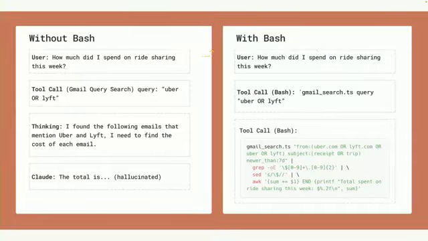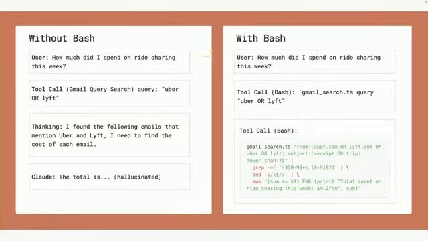Without Bash, it searches Uber or Lyft, gets like 100 emails, and now it just has to think about it. A good analogy is someone coming to you with a stack of papers asking, can you read through my emails and tell me how much I spent on ride sharing this week? That would be really hard. You'd need very good precision and recall to do it.